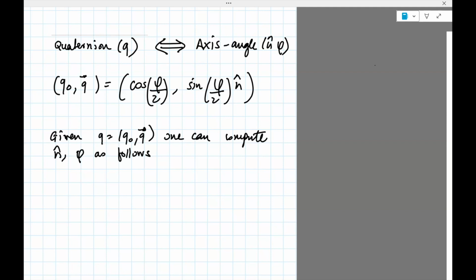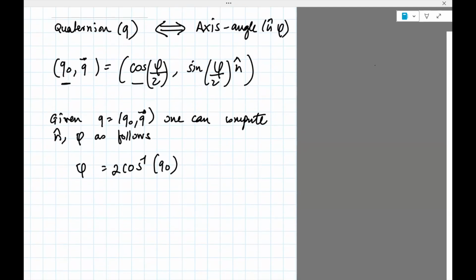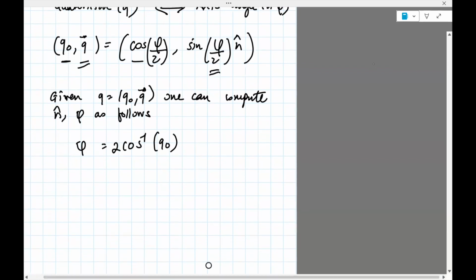Now it's easy to see that if you look at the equation there, if you are given the left-hand side, q0 and q vector, and you are told to solve for psi, the formula is: first we'll solve for psi, take this, equate it to q0. So that would be psi equals twice cosine inverse of q0.